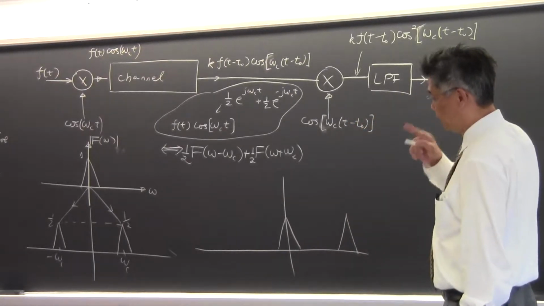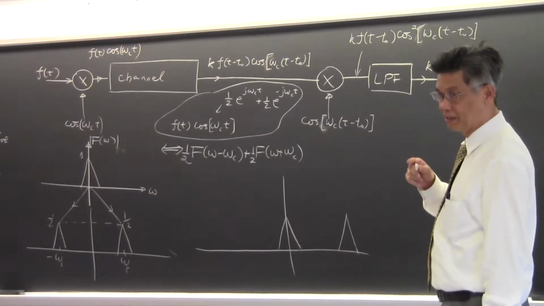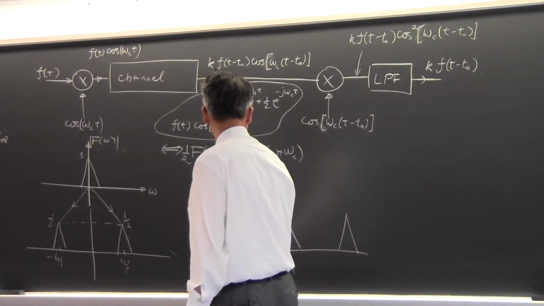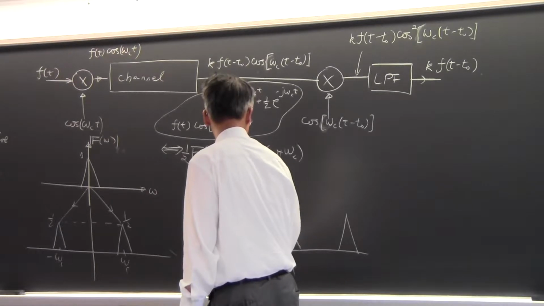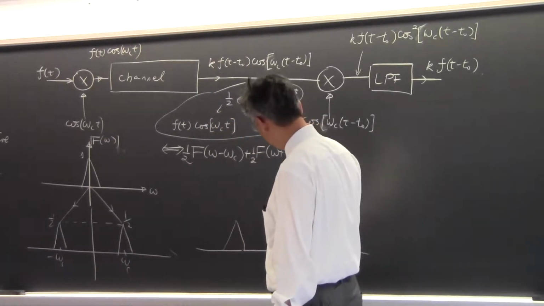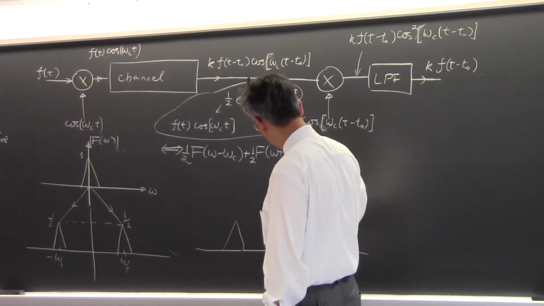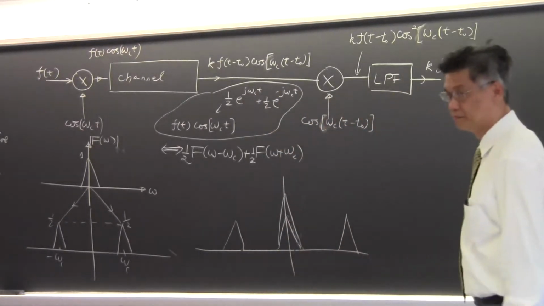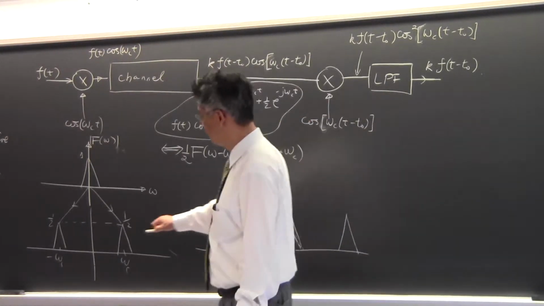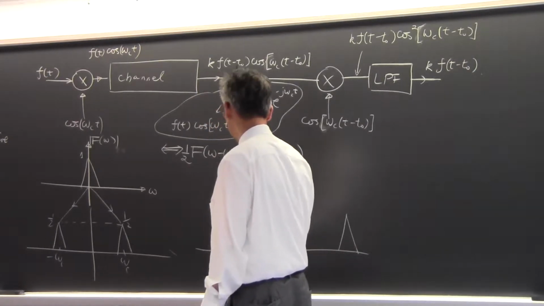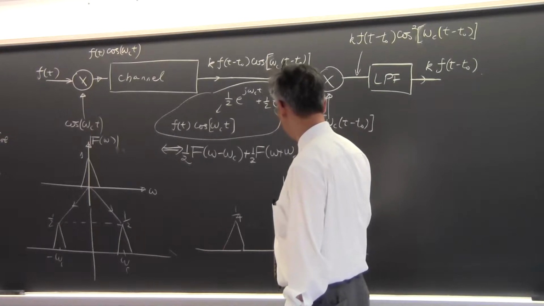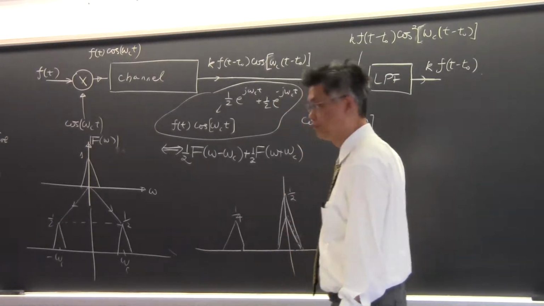And I take the same signal and shift to the left, I will get something like this. And then one that is exactly on top of the original signal, so it makes this signal twice as full. But every time you modulate, you introduce a factor of half. So this becomes 1/4, this becomes 1/4, and this becomes half, because it's twice as full.